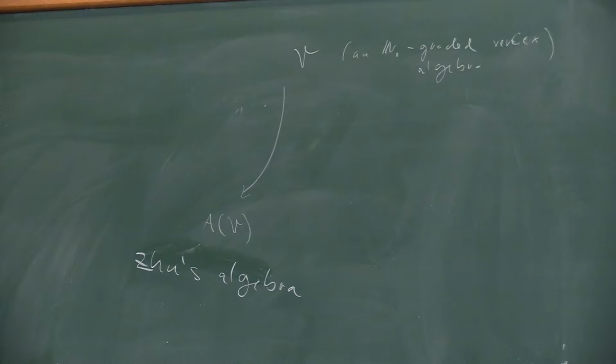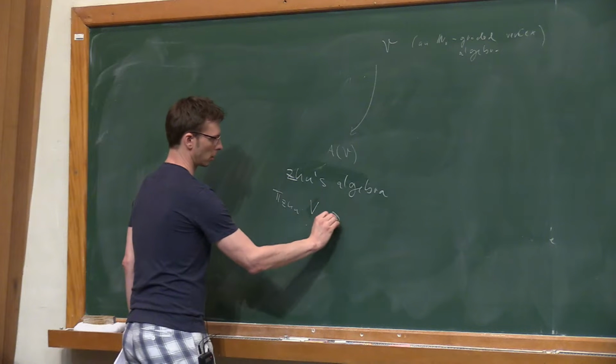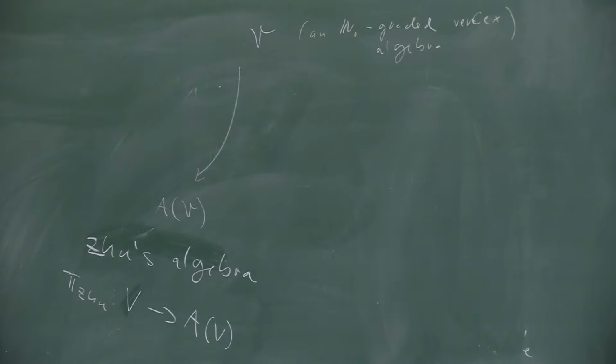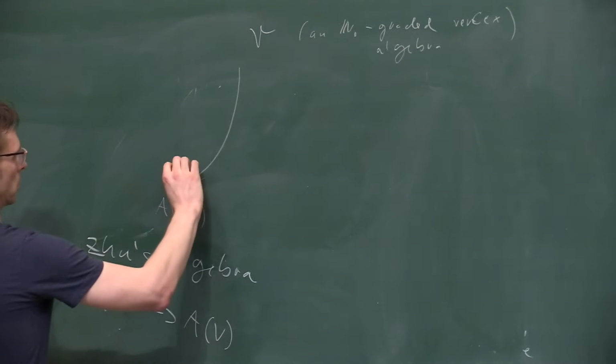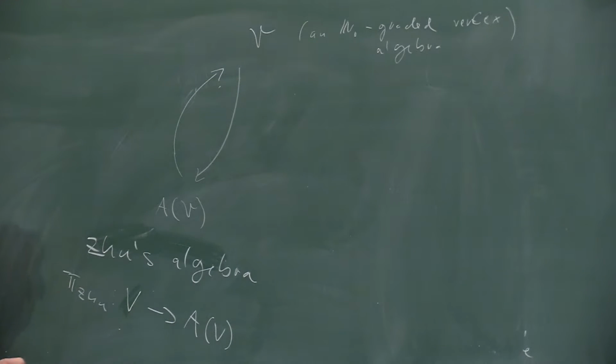If you want to describe all simple positive energy representations, then there is a one-to-one correspondence with simple representations of this algebra. There is a canonical mapping going from the vertex algebra to this algebra, a map from vertex algebras to associative algebras.